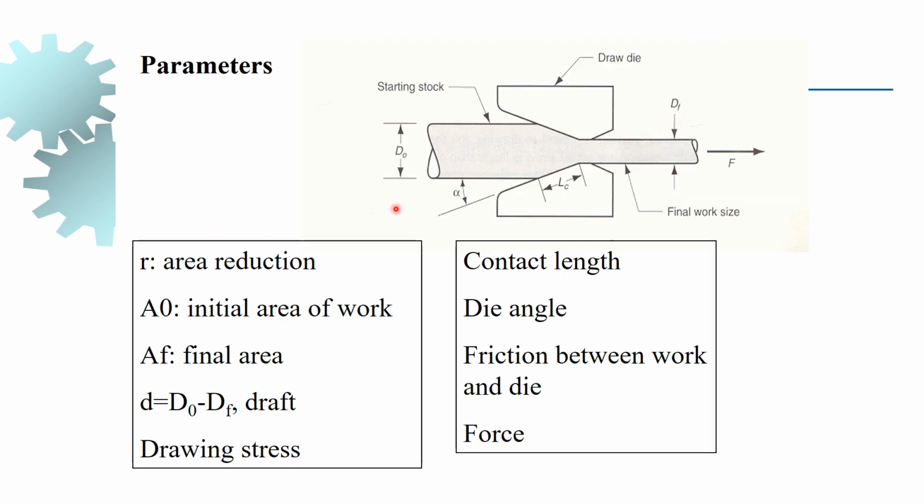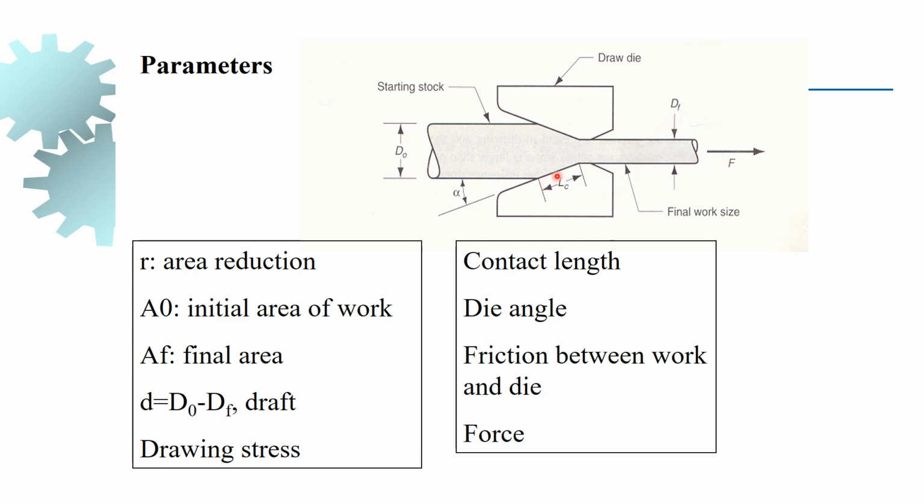What parameters do we need to study? The parameters are the area reduction R. The initial area is taken as A0, the final area is AF. The draft is the initial diameter minus the final diameter. If you look at the different parameters of a drawing operation, the initial diameter is D0 and the final is DF.